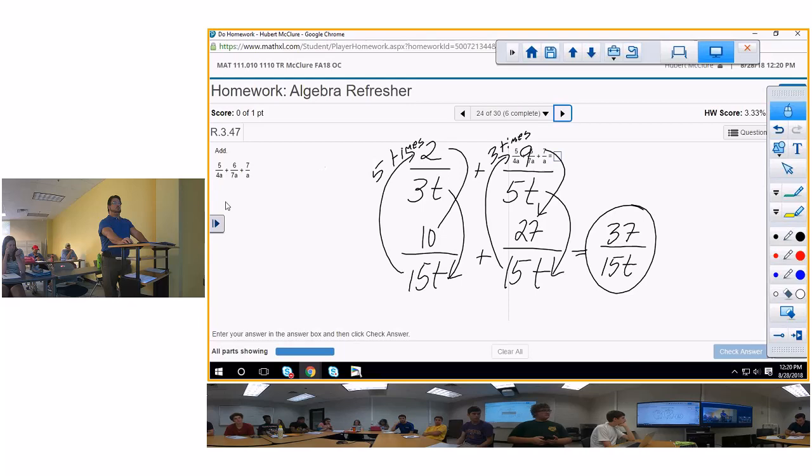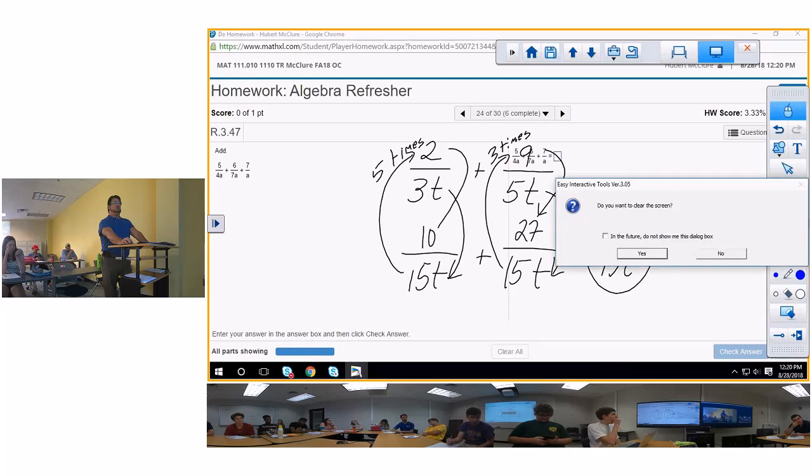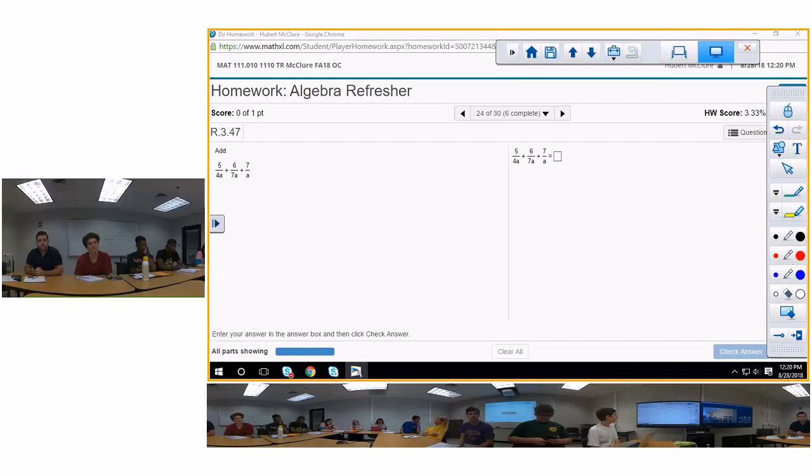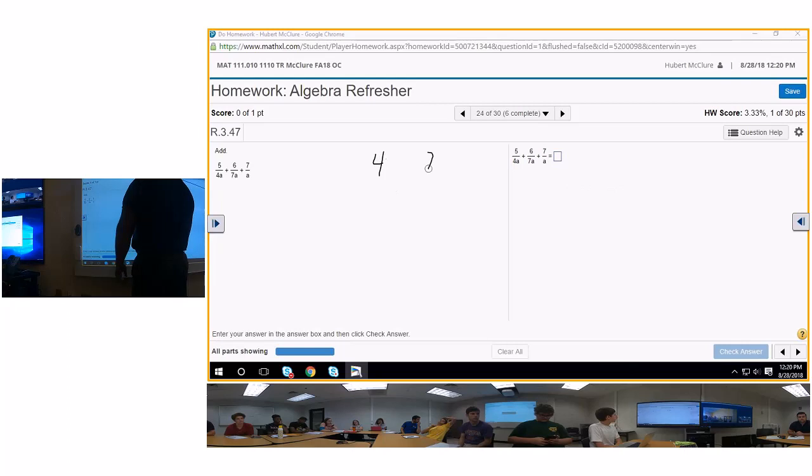That one, I'm just going to tell you the common denominator. What's the common denominator of 4a, 7a, and a? Well, 4 and 7. I'll show you right quick how to find the common denominator, because some of y'all may have forgotten, and some of you have never seen this before. 4 and 7.